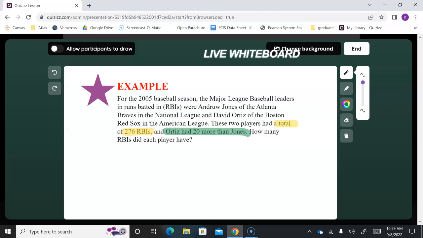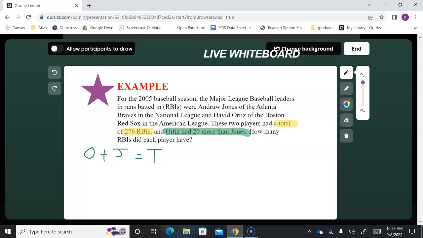Okay, so I'm adding two things up. What am I adding in this case? RBIs of who? Two baseball players. So Ortiz and Jones, their RBIs have to equal my total of 276. Okay? But right now I've got three variables.